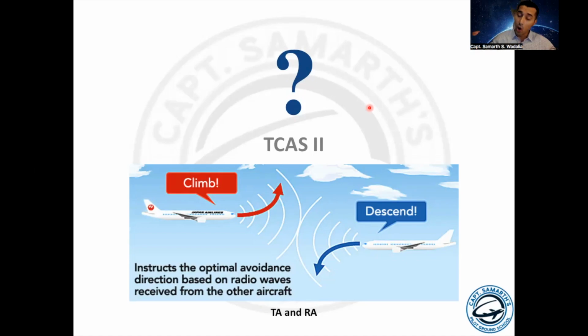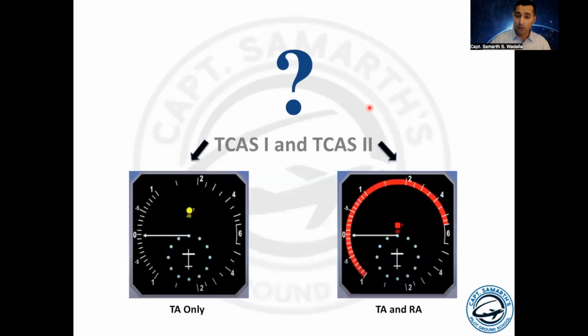Remember, long before TCAS asks an aircraft to start taking evasive action, it would have already alerted the pilot that there is another aircraft in the vicinity. And generally, this alert is in the form of a visual alert and an oral alert. The visual alert will be in the form of some kind of depiction on your TCAS screen, like the yellow solid circle or the red solid square.